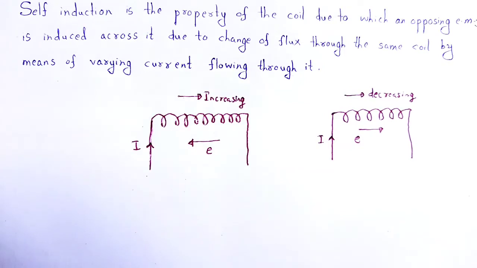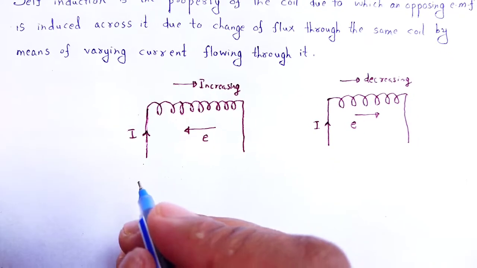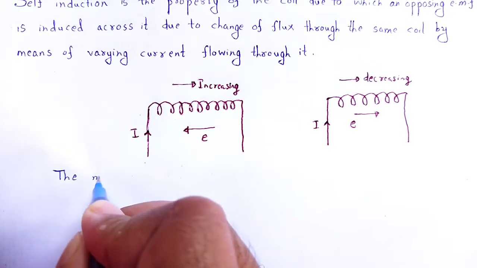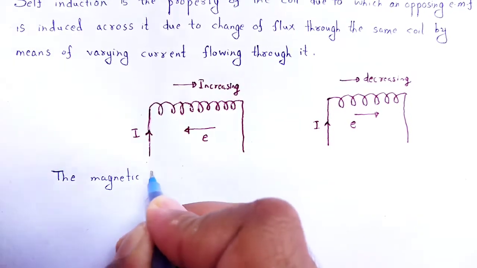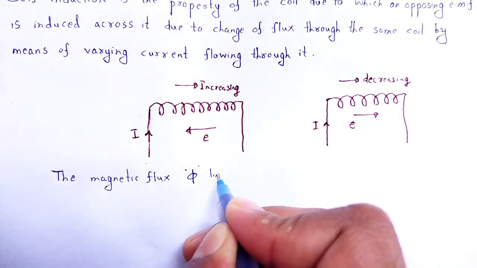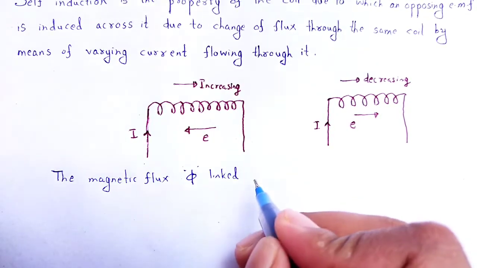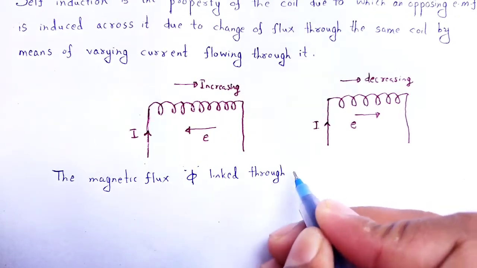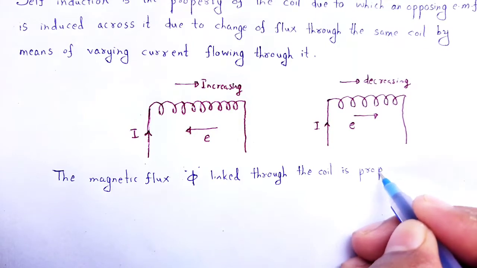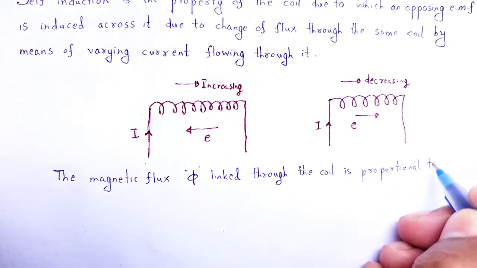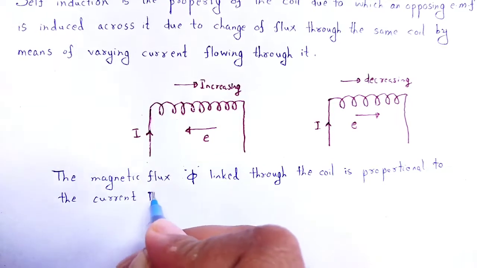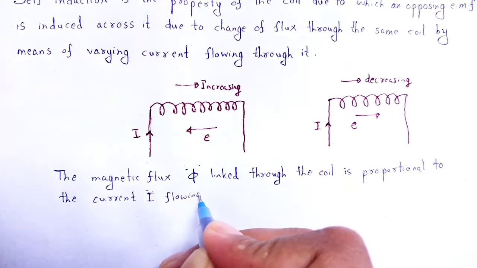Look here, the magnetic flux, that is phi, linked through the coil is proportional to the current I flowing through it.